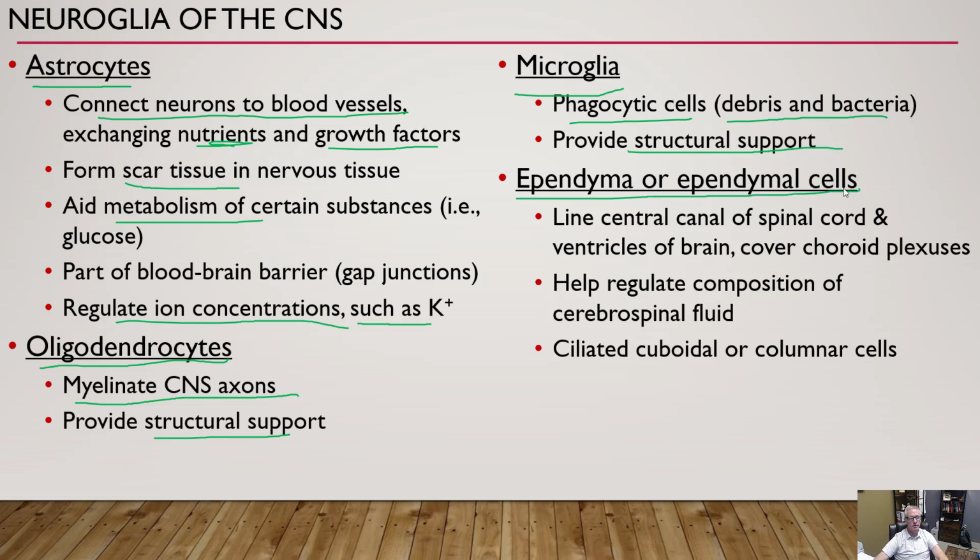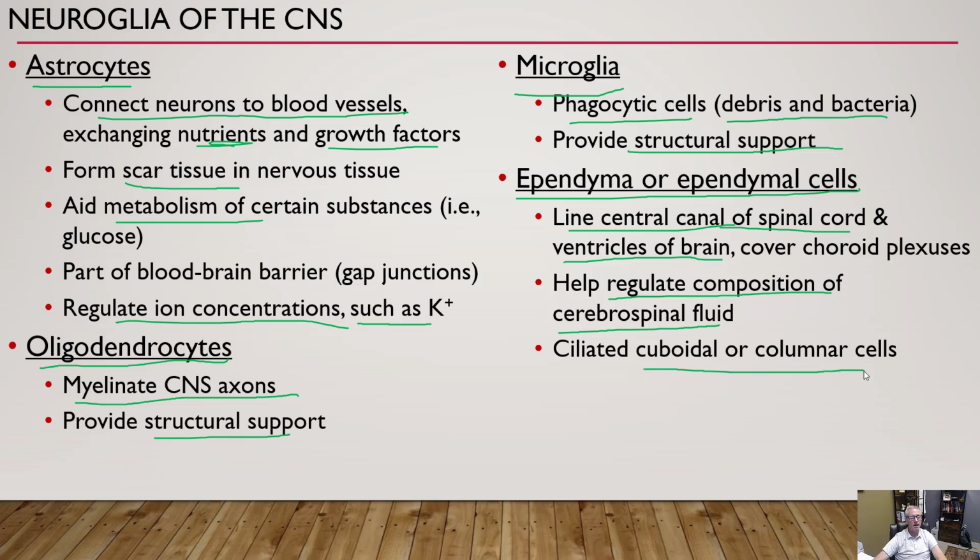Ependymal cells, we'll talk a little bit about this later on, they line the spinal cord. They line these things called ventricles of the brain. We have 4 ventricles of the brain, and that's where we'll find our cerebral spinal fluid. And it's going to help regulate the composition of the cerebral spinal fluid.